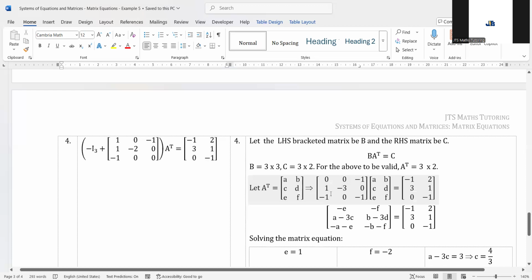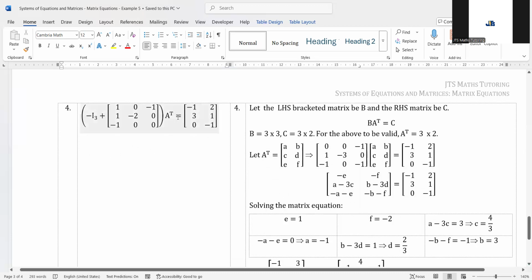And this, which I'm circling here with my cursor, is the simplification of what is inside the bracket. Look at what I've done here. I've proved that for this to be defined, this is exactly what it's supposed to be like. Okay, cool. Then you solve for your matrix equation here.